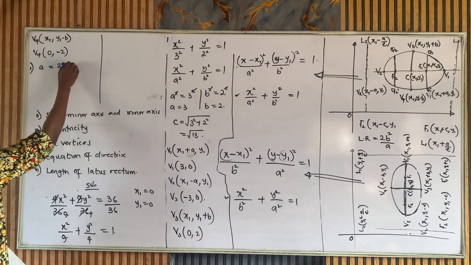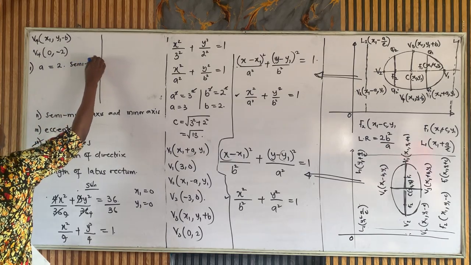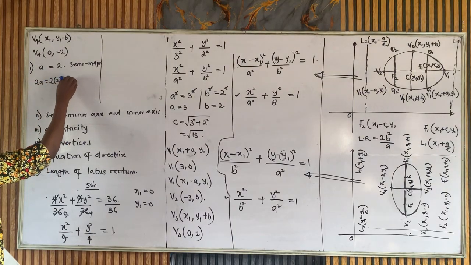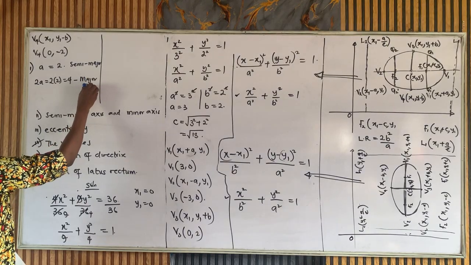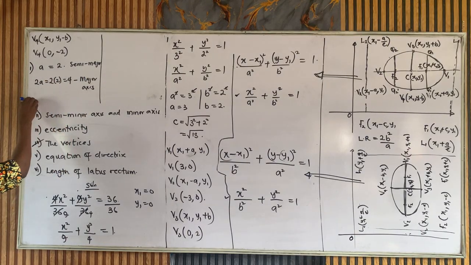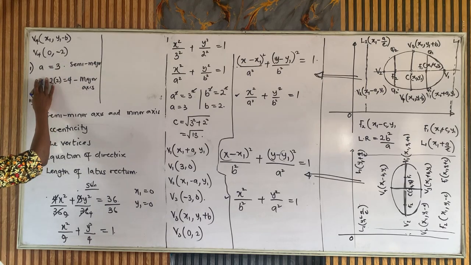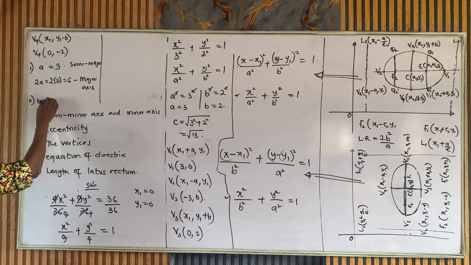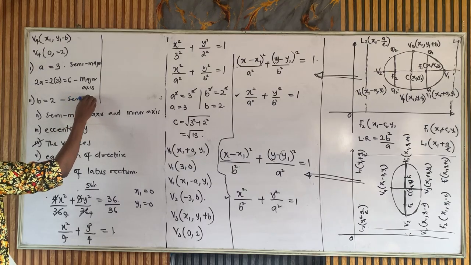Our major axis is 2a, which is 2 times 3, that's 6. Next, we have our b, which is 2, our semi-minor axis.